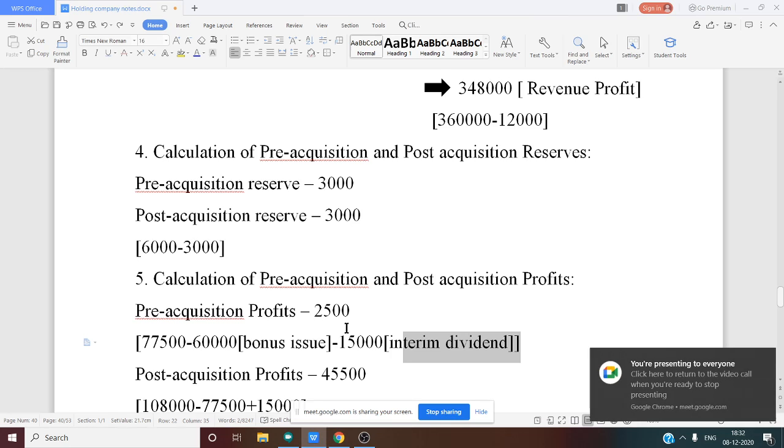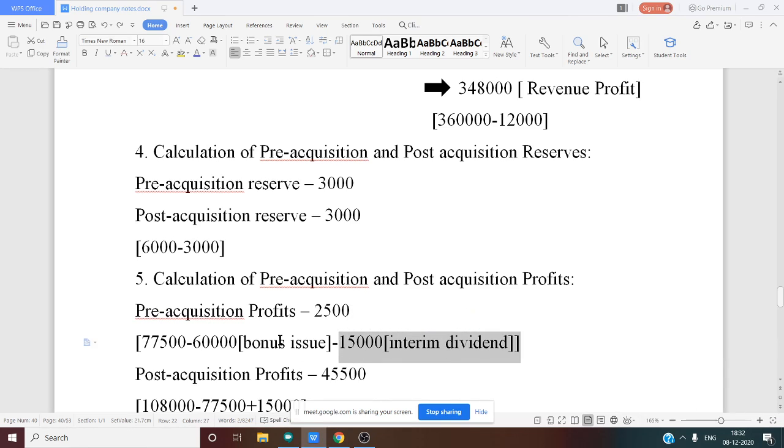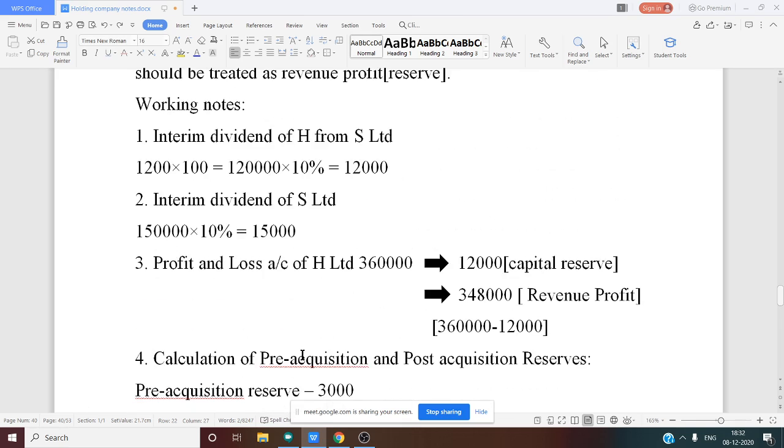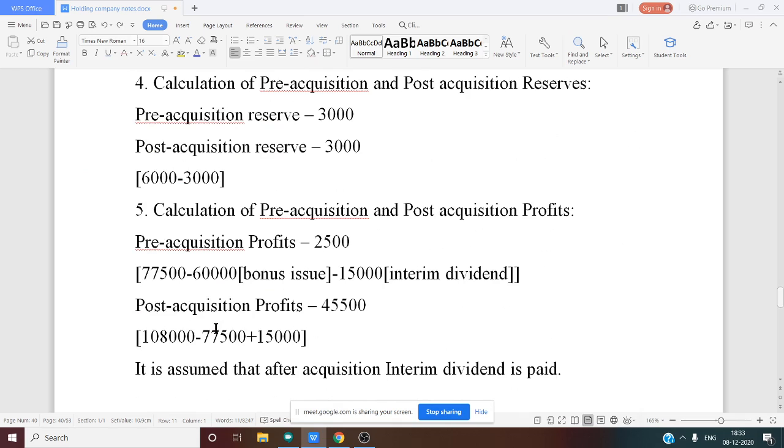Now, first from pre-acquisition profit, 15,000 interim dividend we have to deduct. Why? Because this is taken from profit. Like bonus issue, we are taking 15,000 from profit. Which 15,000 are we talking about? Working note number 2, interim dividend of Yes Limited. That is total interim dividend of Yes Limited, 15,000. Yes. So that is why it is deducted from pre-acquisition profit.